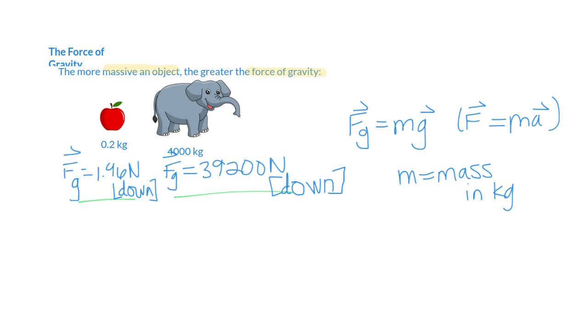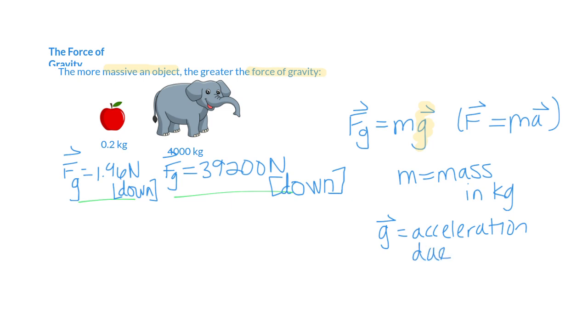And this g, there's two names that you can have for g. It is the acceleration due to gravity, but it is also sometimes called the gravitational field strength. So it could be either of these things.